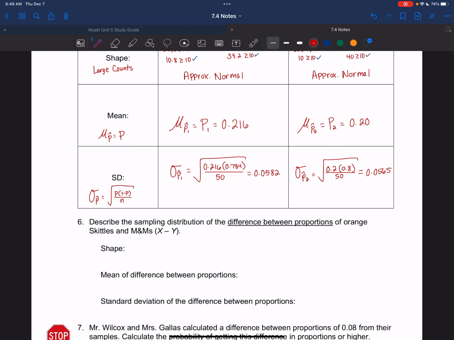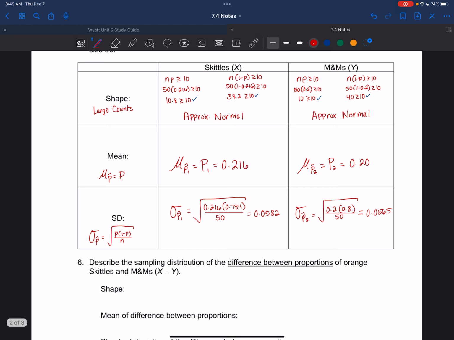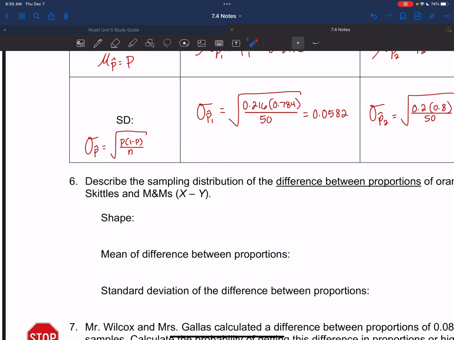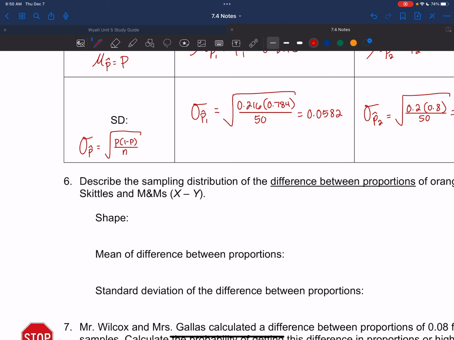So X minus Y. So if we're looking at the shape, if both samples are approximately normal, then we can assume that the difference between these proportions is also going to be approximately normal. So because we passed the large counts conditions for both samples, we can say that the shape for the difference is going to also be approximately normal.